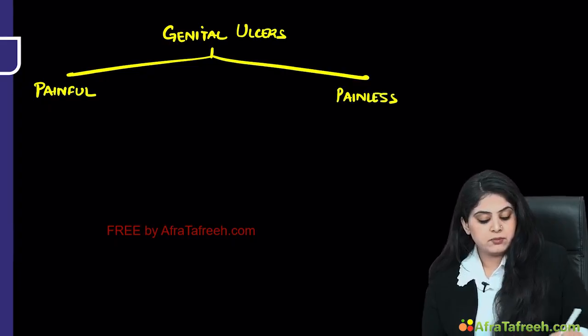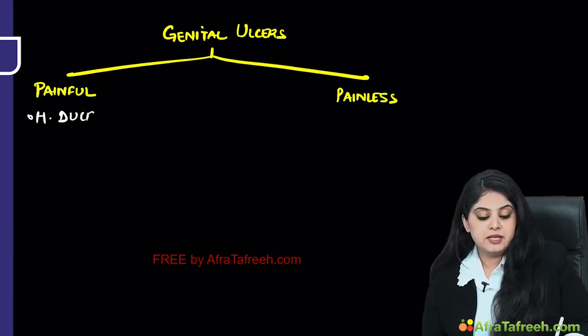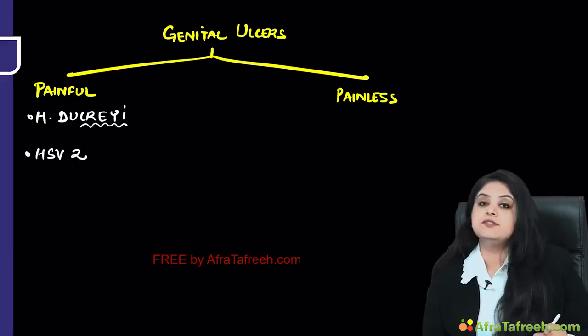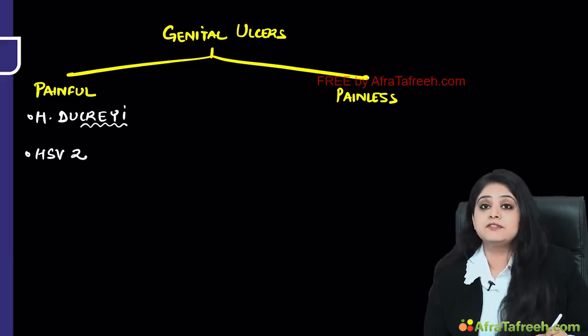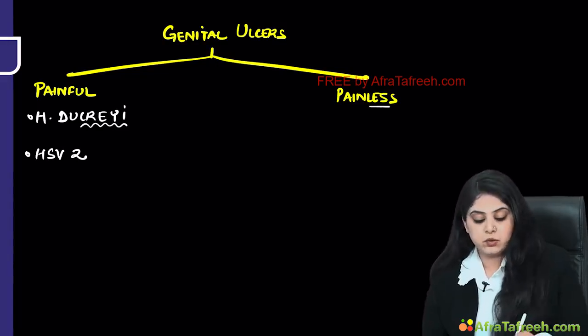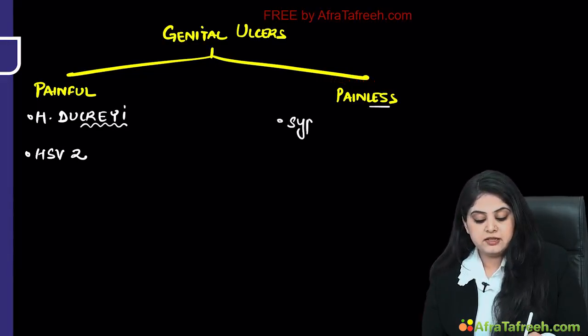When I'm talking about a painful genital ulcer, in bacteria you remember Haemophilus ducreyi, because we had learned crying with pain. And now I will write HSV2, herpes simplex virus 2, that also causes a painful genital lesion, versus painless.